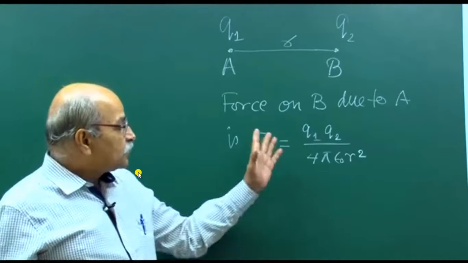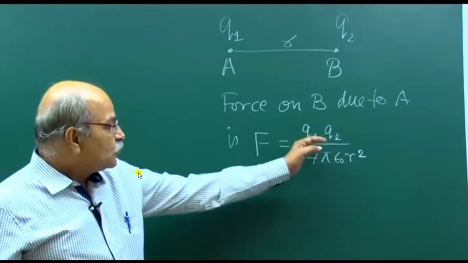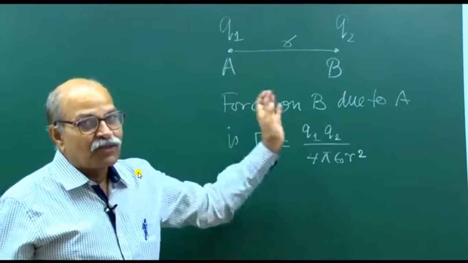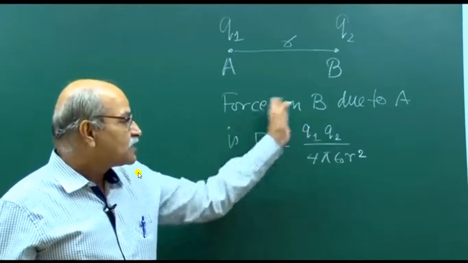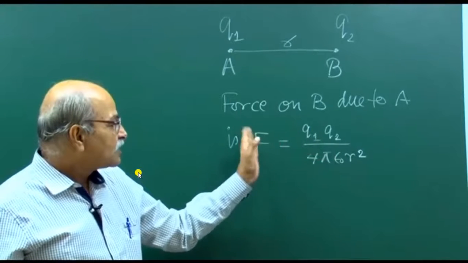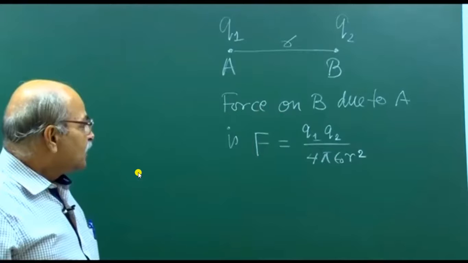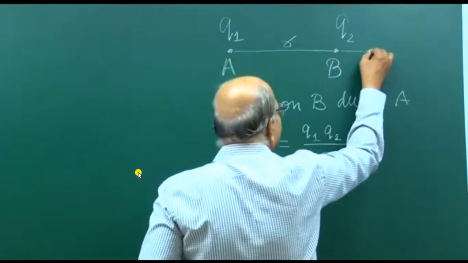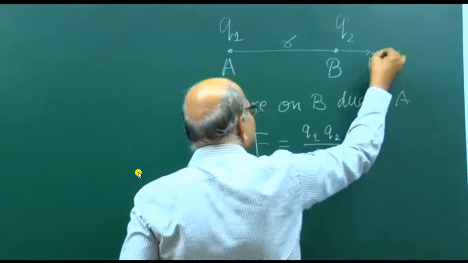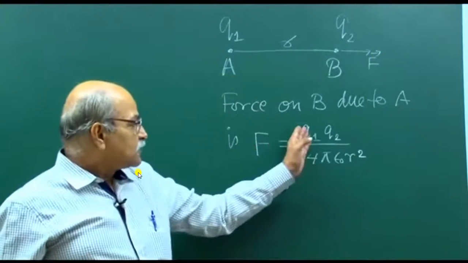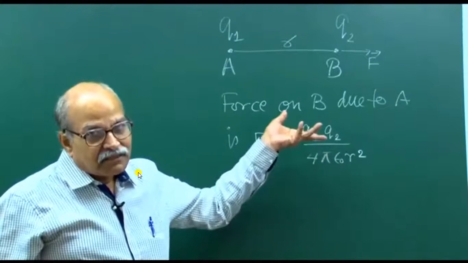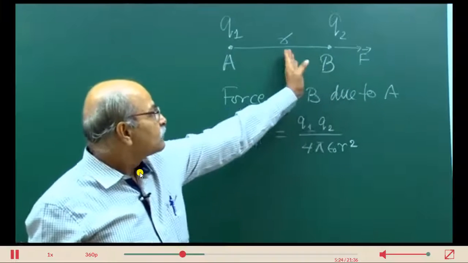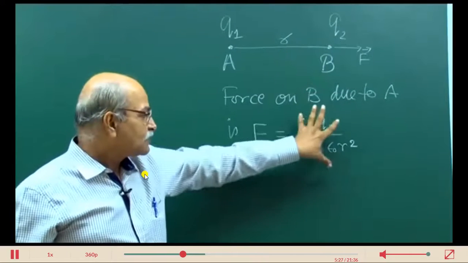And with proper direction: if the signs of Q1 and Q2 are the same, both positive charges or both negative charges, then this whole thing is positive and it gives me the magnitude of the force, and the direction of force on B will be away from A. If this product is negative, one is a positive charge and another is a negative charge, then the direction will be towards A and the magnitude will be just the magnitude of this.